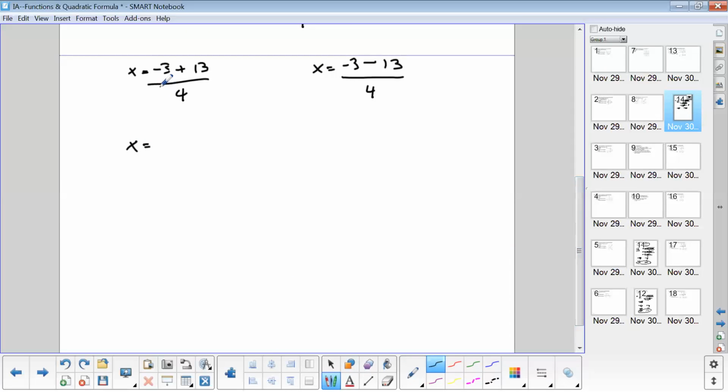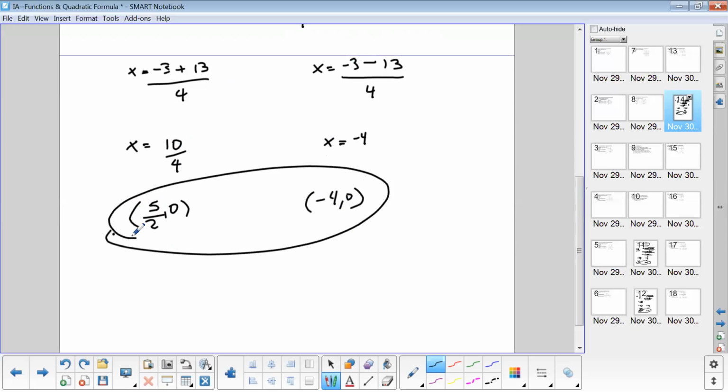So we simplify, and negative 3 plus 13 is 10 fourths, which would be 5 halves, comma, 0. Simplifying the other, I'm going to get negative 16 divided by positive 4, which is negative 4. So negative 4, comma, 0 would be the solution here.